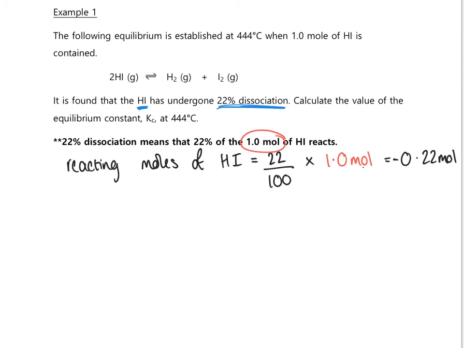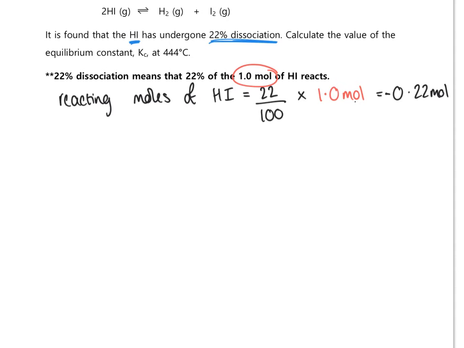So first thing we do is what? It's units. But what I notice about my equation is that both sides of the equation have the same number of moles. So 2 on the right and 2 on the left.